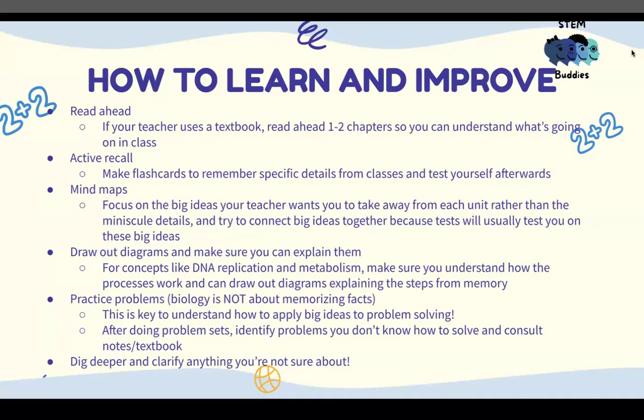And so drawing out diagrams from memory for, like, photosynthesis, for example, would definitely help you memorize and help you identify what you don't remember. So if you're missing a step in your cycle, you can go back to your textbook and fill that in, and then just try to draw out that diagram from memory every day to understand how these processes work and to also remember how they work. And also be able to explain these steps using your diagram.